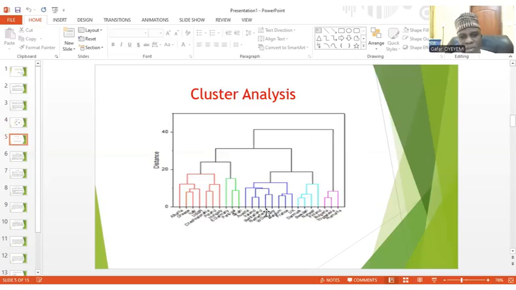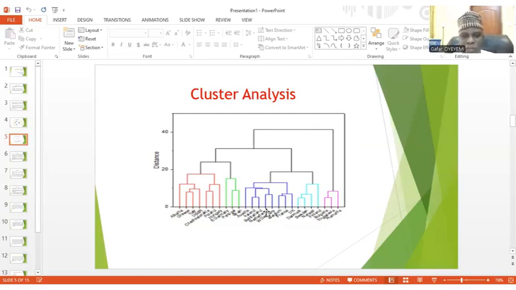Now, on display is a cluster analysis output. On the horizontal axis are a number of countries, about 40 of them, that are being clustered into groups. As you can see, the cluster analysis will start by grouping two individuals, referring here to countries, together to form clusters.